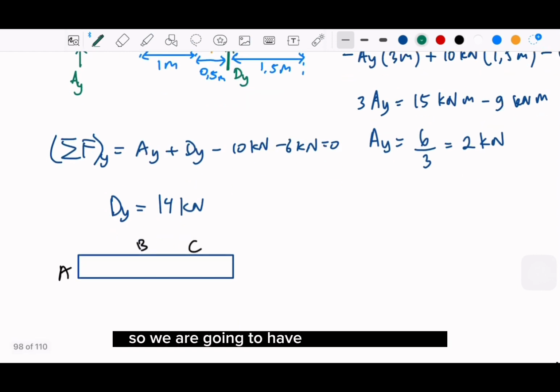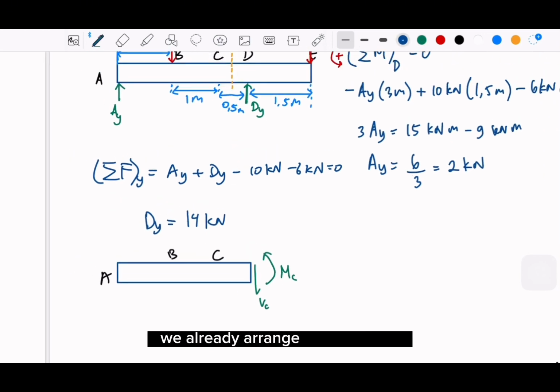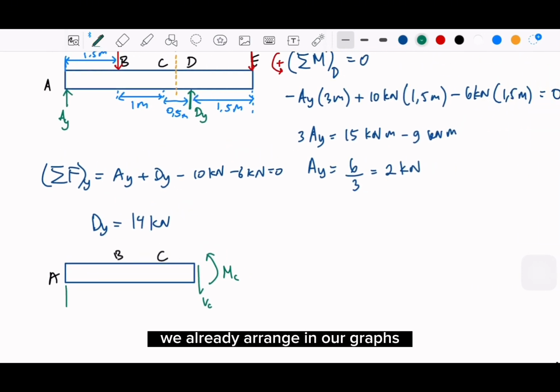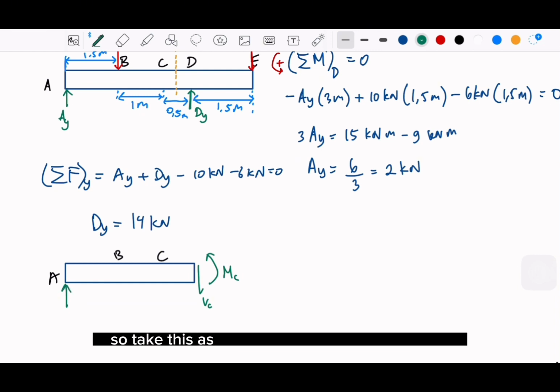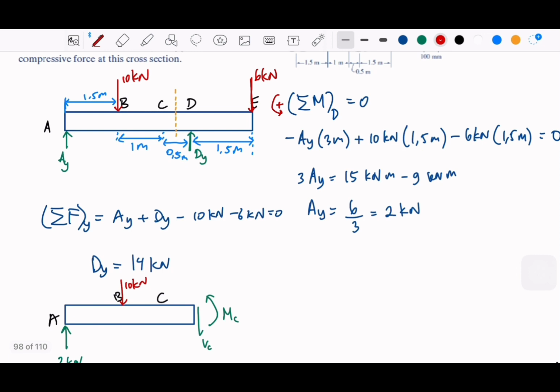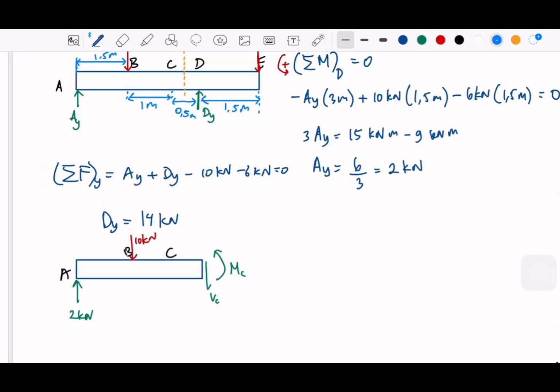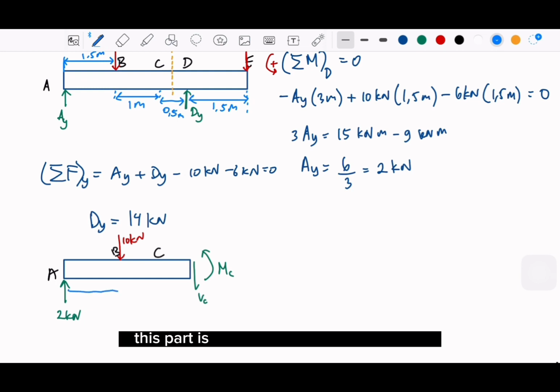So we are going to have VZ and MC, right? All the things we need, we already arranged in our graphs. So take this as 2 kilonewton, and here we have 10 kilonewton. Yeah, I think we have all we need.